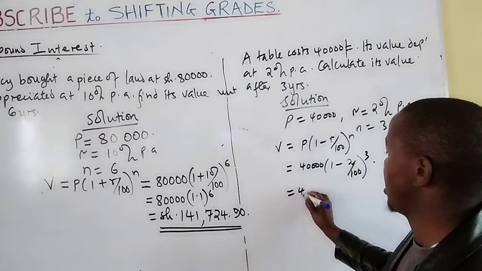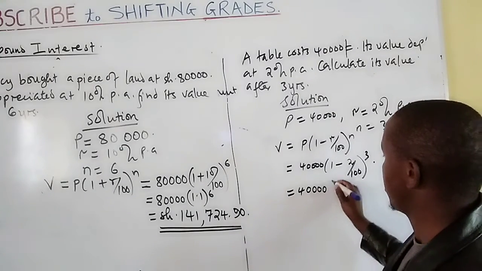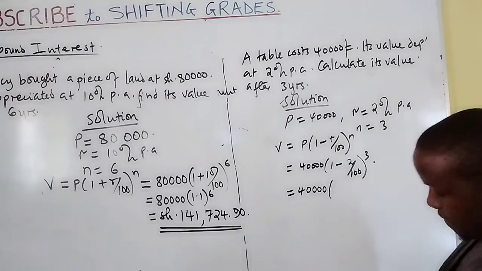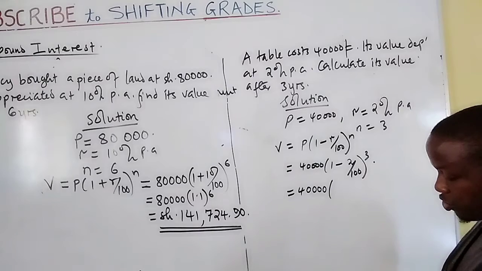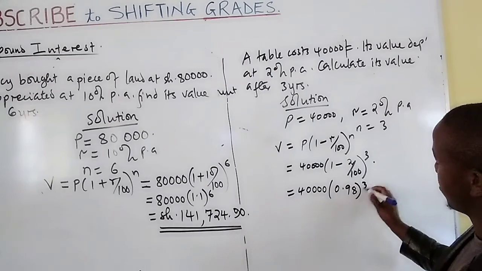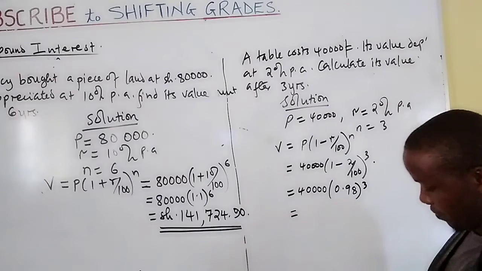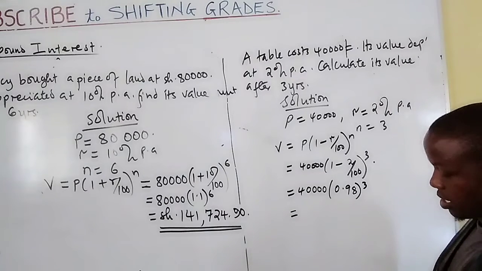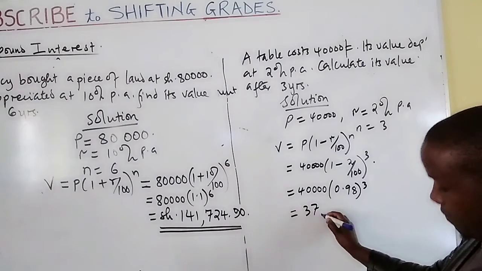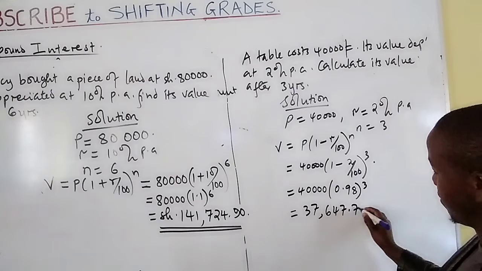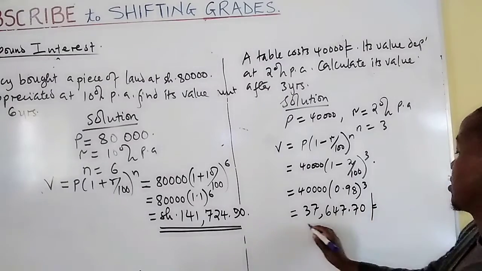So this becomes 40,000 into 1 minus 0.02. We get 0.98. Then this is raised to 3, or cubed. So it should be 40,000 times 0.98 cubed, and we have 2,359.30, which we subtract: the reduction is 2,359.30 shillings.